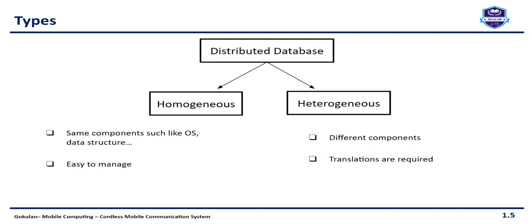Then, in a heterogeneous distributed database, different sites can use different schemas and software. This can also lead to problems in query processing and transactions.